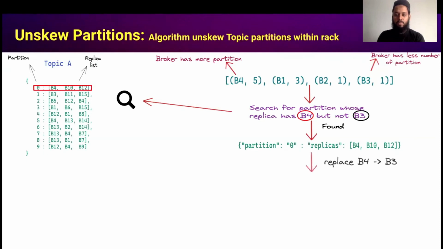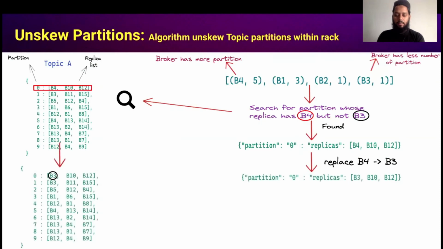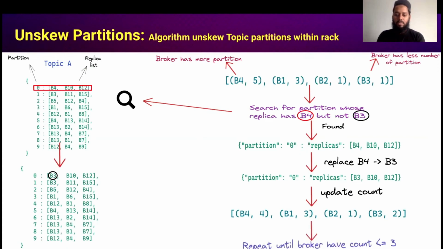We replace broker 4 with broker 3, and update the topic A partition plan also. Then we update the counts in the array. Now broker 4 has a total of 4 leader plus follower, and broker 3 has 2. We repeat this process until the counts are less than or equal to 3.